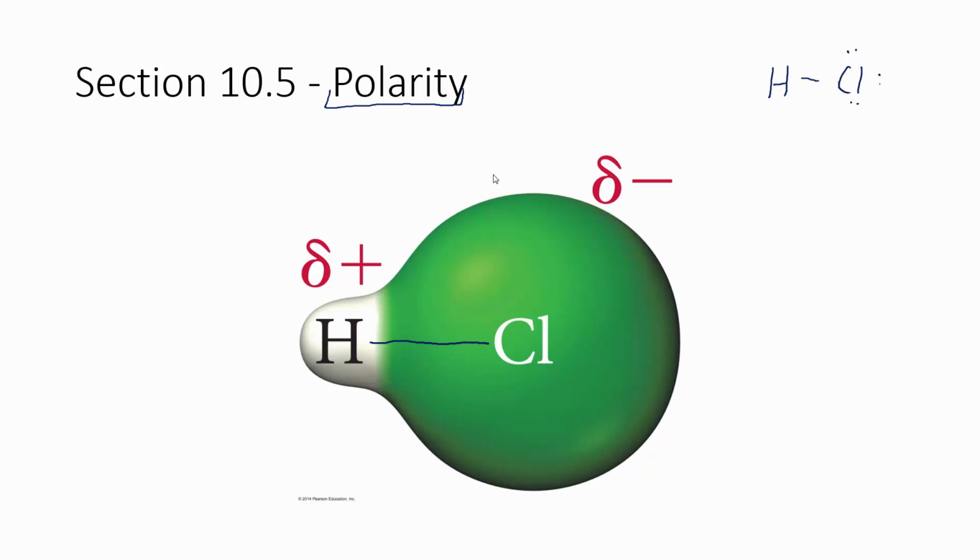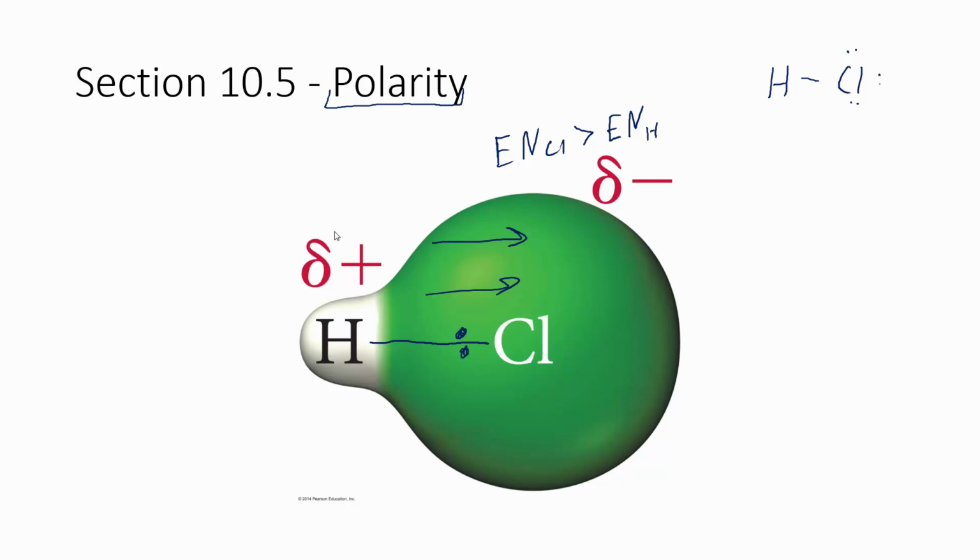The electronegativity of the chlorine is much greater than the electronegativity of the hydrogen. So because of that, the chlorine will actually pull electrons from the bond closer to it and farther away from the hydrogen.